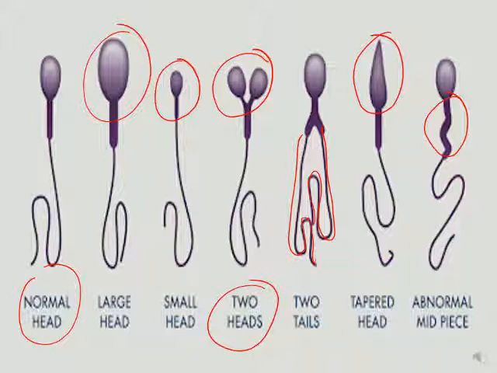The distal centriole gives rise to the flagellum of the sperm cell. The mitochondria will group in a helix around the flagellum and form the middle piece of the sperm cell. And most of the cytoplasm is going to be eliminated in the form of a residual body.